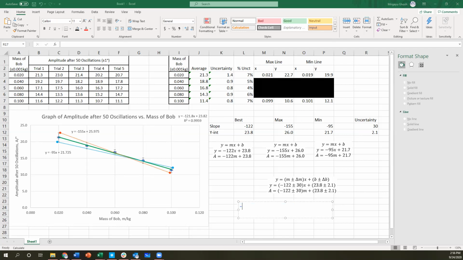If you want to be precise, you're going to say the mass of Bob and the amplitude after 50 oscillations is linearly correlated.